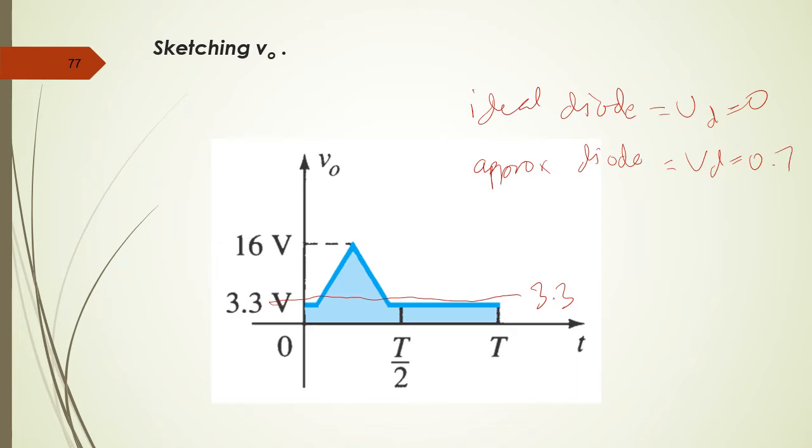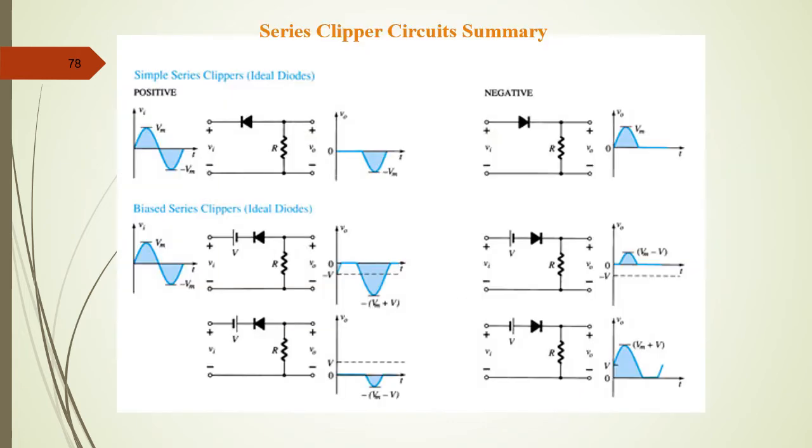So with the ideal diode, the transition level is 4 volts. For the approximate diode, the transition level is 4 minus 0.7, which equals 3.3 volts. As a summary, you can read through the output against the input for your understanding.